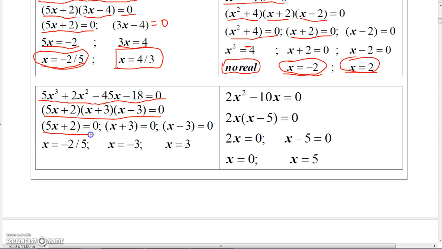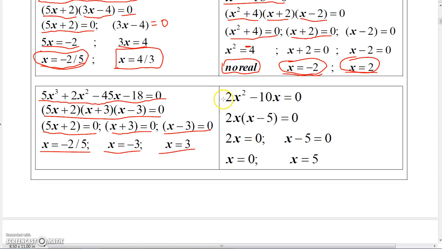Well, if you set 5x plus 2 equals 0, then you can easily solve that. Just subtract 2 from both sides, then divide by 5, you get negative 2/5. This one, if you set that equal to 0, just subtract 3 from both sides, and you get x equal negative 3. And then this one, just add 3 to both sides, and you get x equal 3. So this has 3 solutions, negative 2/5, negative 3, and 3.